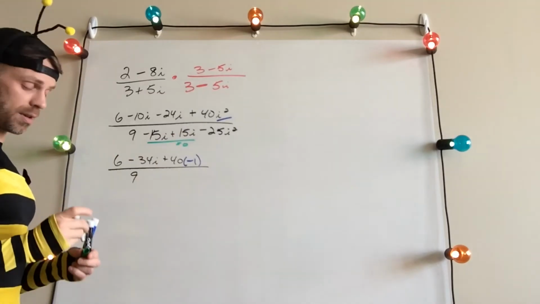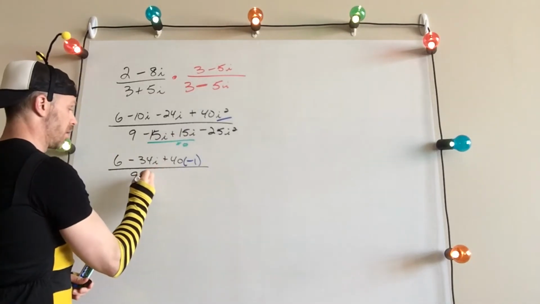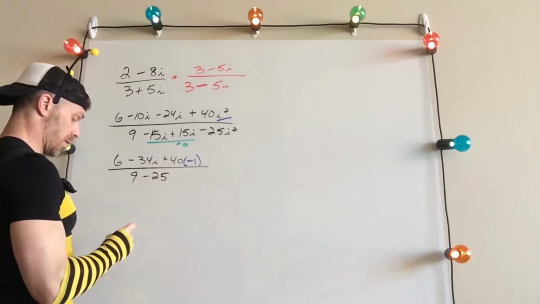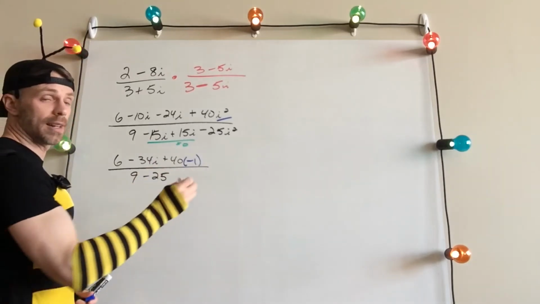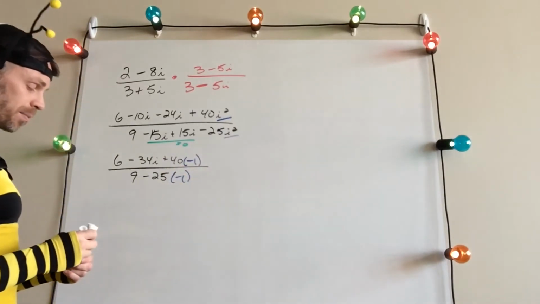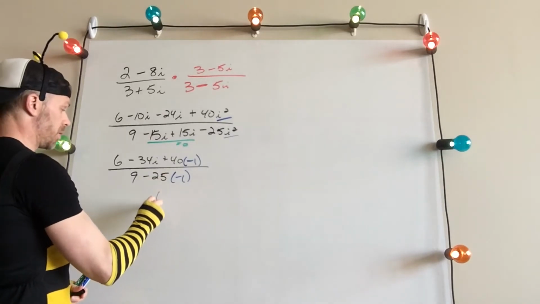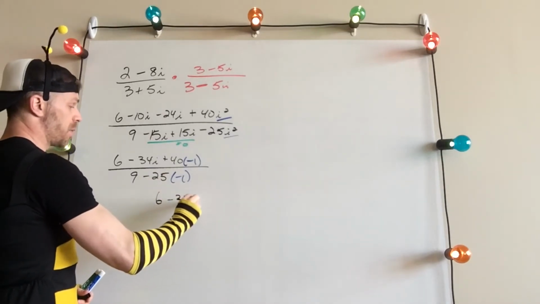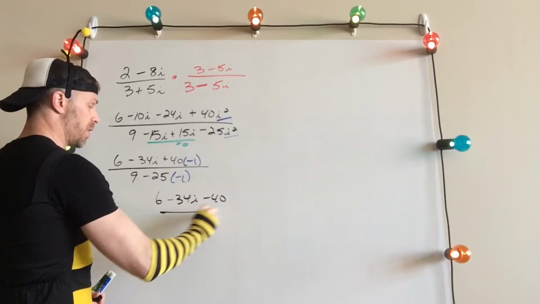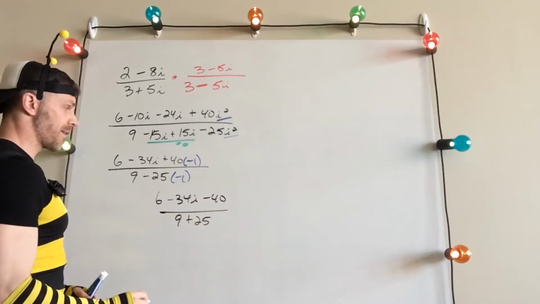Those zero out. And then again, it had an i squared with it. Turns into a negative 1. So we're at 6 minus 34i minus 40 over 9 plus 25.